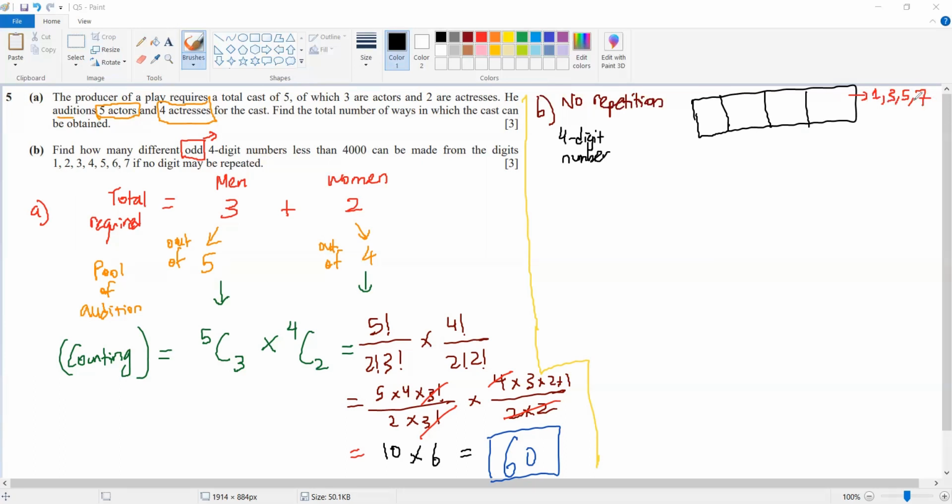So there are 4 choices. So the problem is, and then there's another condition here, which is stated as numbers less than 4,000. So when they say numbers less than 4,000, that means the front digit is limited. It can only be 1, 2, or 3. And 2 of the numbers, 3 and 1, are odd.